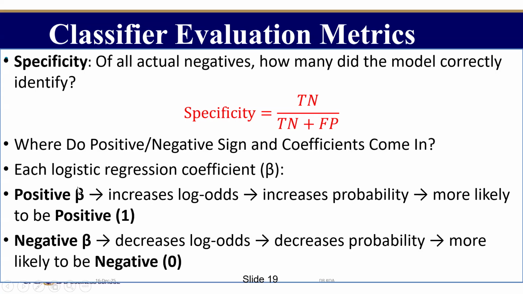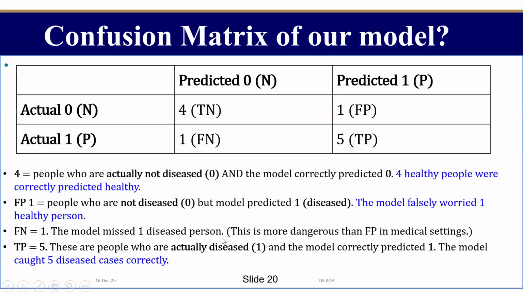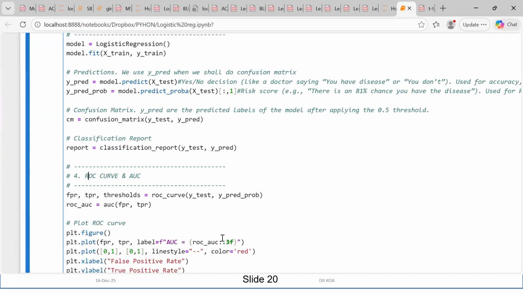So a positive coefficient has a connection with a positive case, and a negative coefficient has a connection with a negative case or a negative prediction. In our case, this is the answer, but let me not show you the answer first. Let me just go to the result.